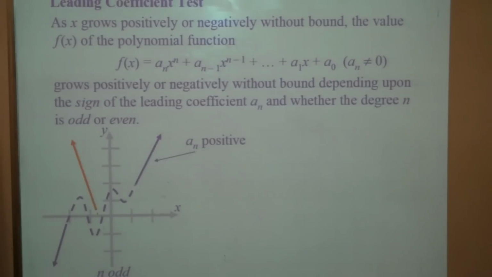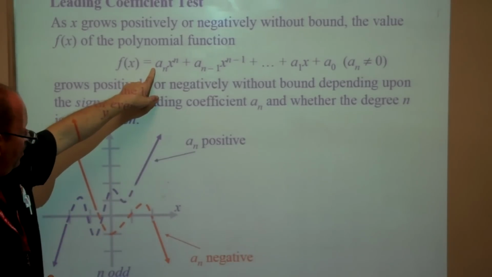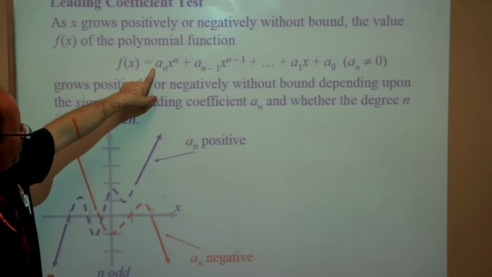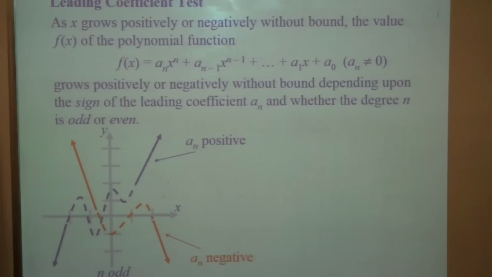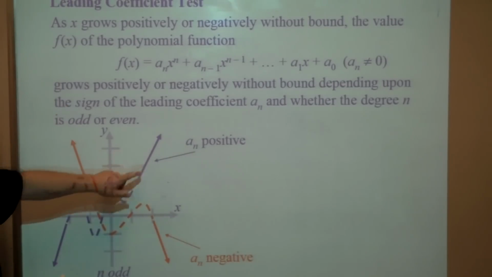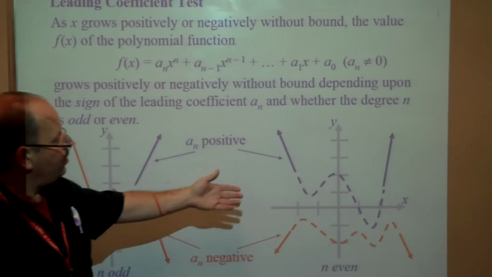Odd, positive. Remember, if that first term's sign switches, we do a reflection across the axis, and we see that it changes. Again, with the even functions, we do a flip.